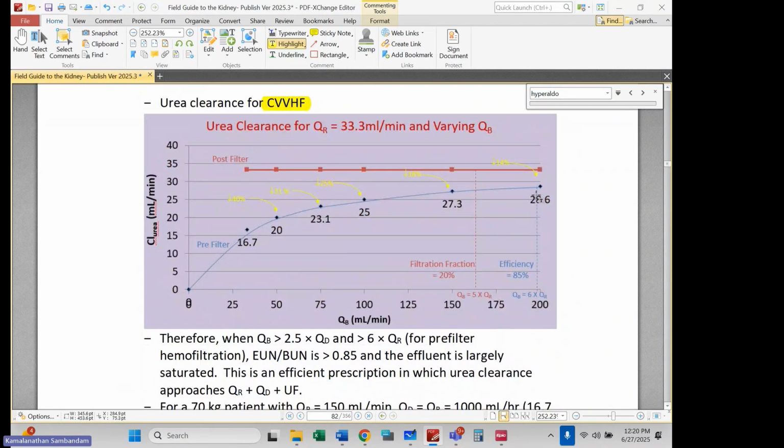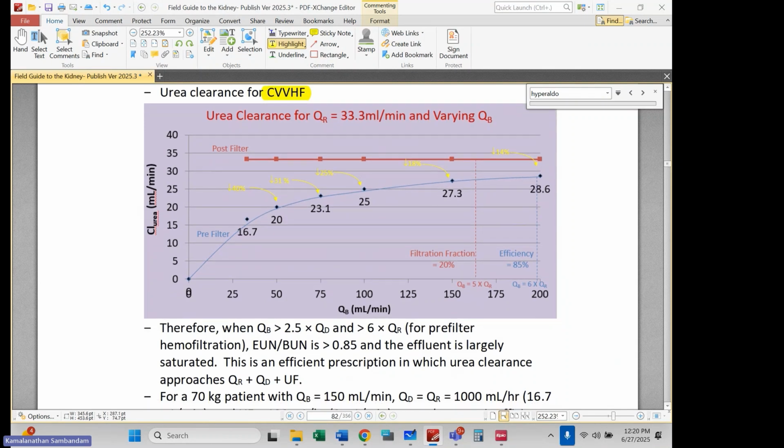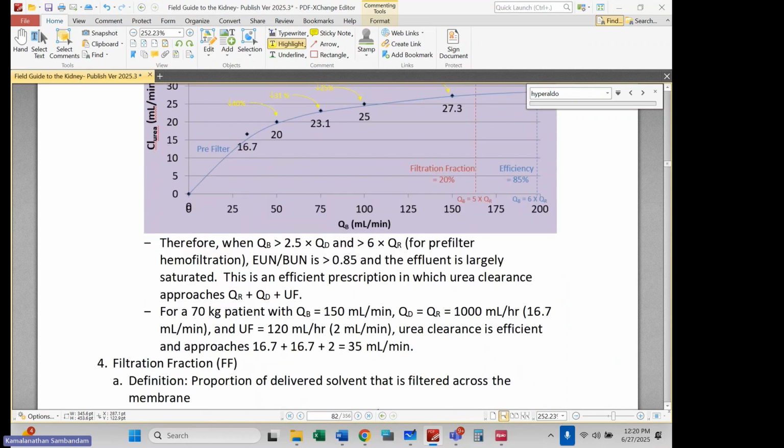That EUN to BUN ratio drops below 85% when my blood flow rate drops to 6 times my replacement fluid flow rate. That's the emergence of these rules of thumb of how much blood flow rate to prescribe.